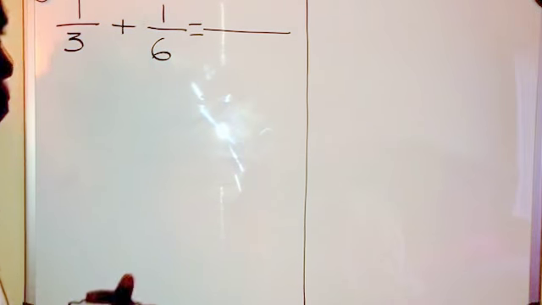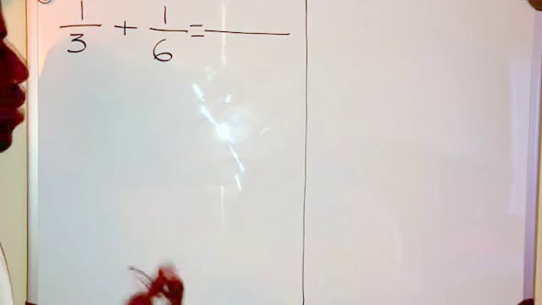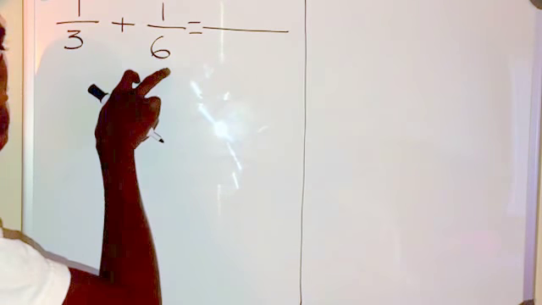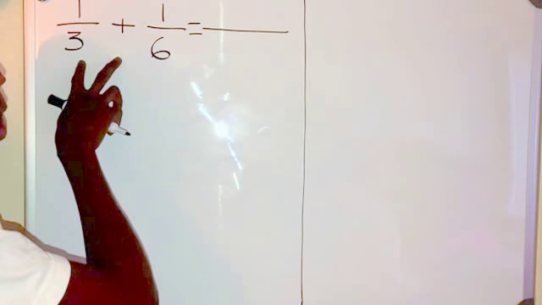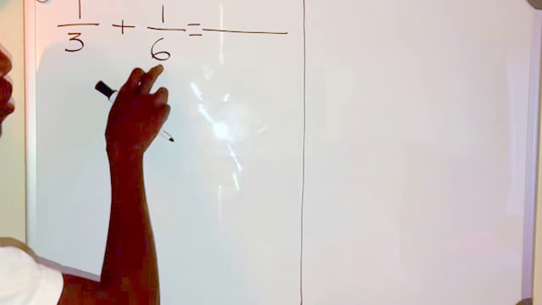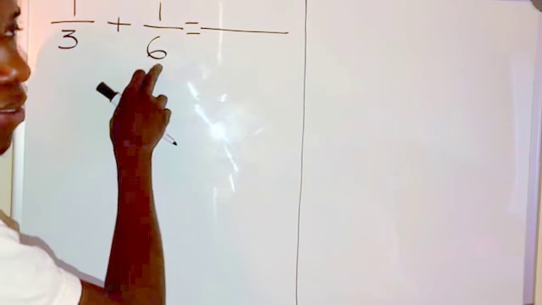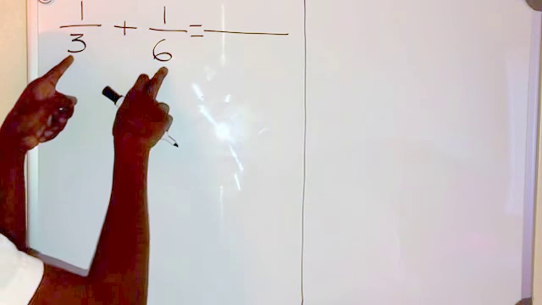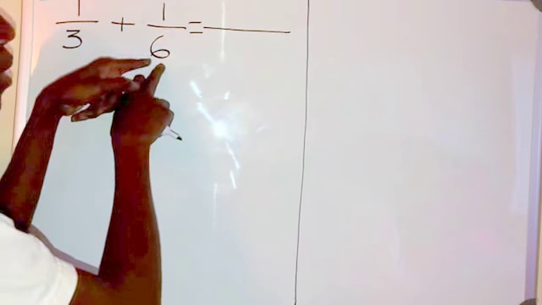Okay, so the first thing I need to do is look at these two numbers right here, the two bottom numbers. I'm going to look at the biggest number and think to myself, is the biggest number a multiple of the smallest number?